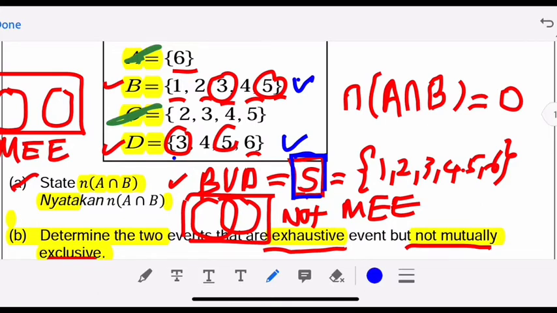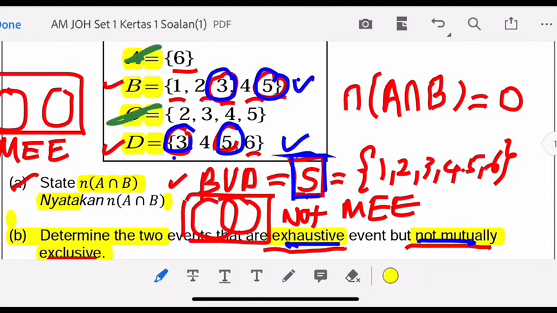So B and D are exhaustive but not mutually exclusive, because they intersect, sharing the elements 3 and 5. Okay, understand? I explained it again.